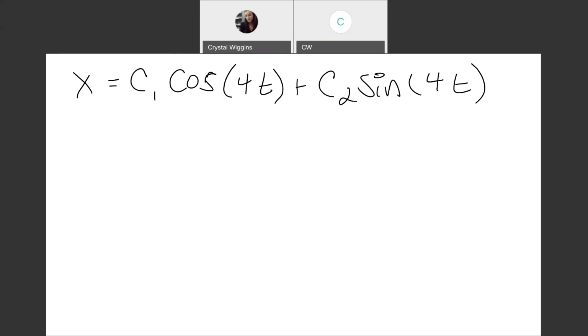4t plus c2 sine of 4t. Now, the first thing that I want to do is take the general derivative, so x prime. Now, the derivative of cosine is negative sine. And you keep the inside function, so essentially I'm applying the chain rule right here. And then take the derivative of what's inside. So 4t is the function inside, and the derivative of 4t is 4.